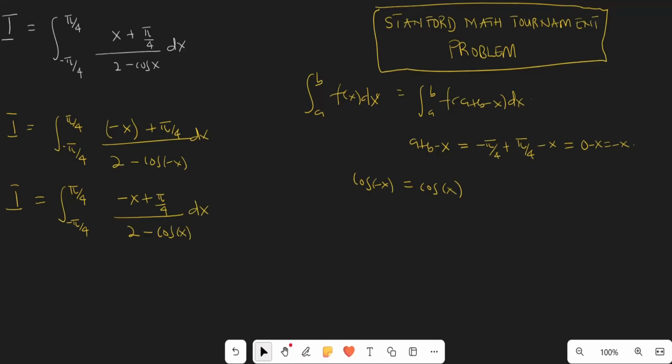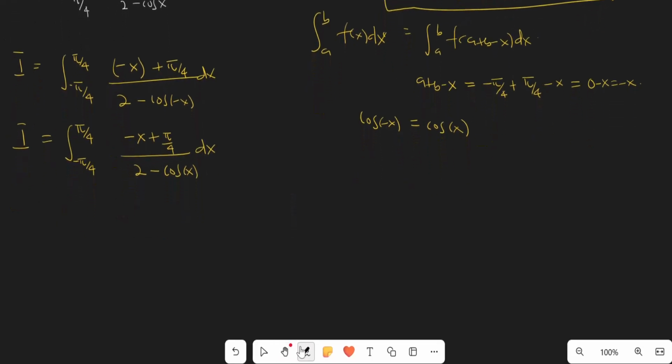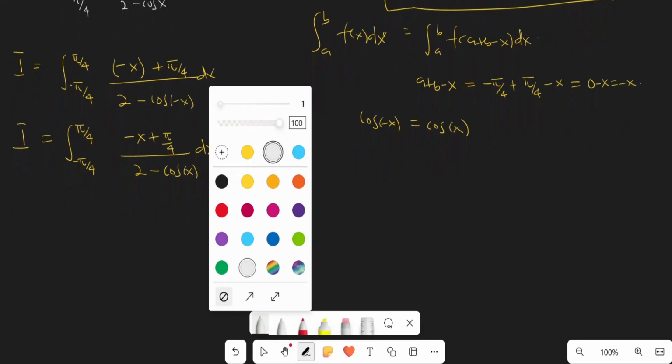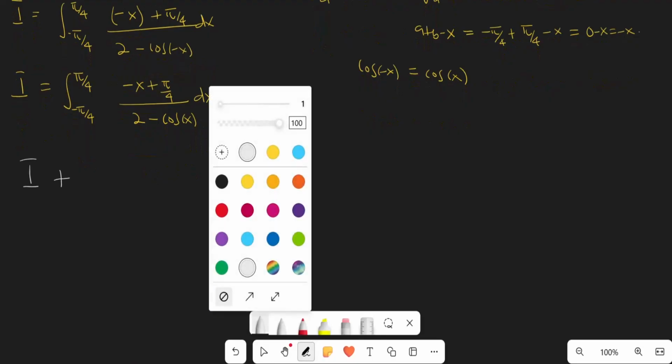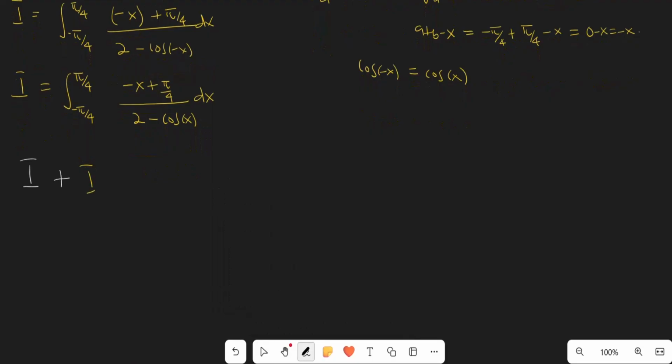What I'm going to do now, what is obvious, is to sum the two integrals and hope for the best. So this is the original integral I plus the I that is transformed by the King's property. The original integral is the integral from negative pi over 4 to positive pi over 4 of x plus pi over 4 divided by 2 minus the cosine of x.